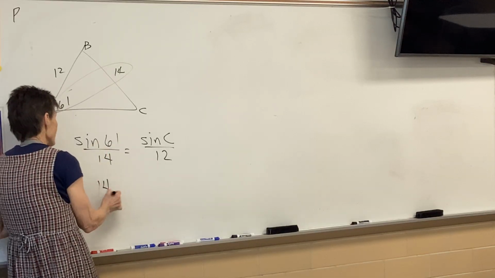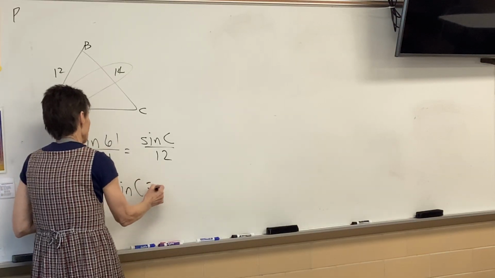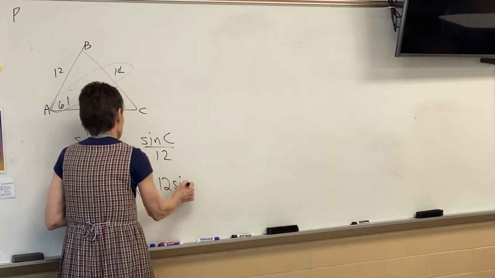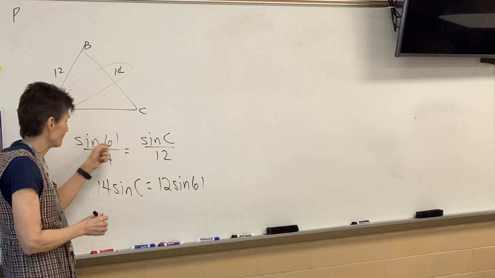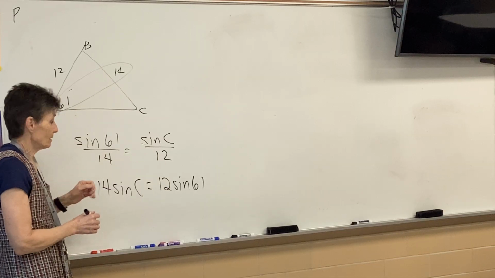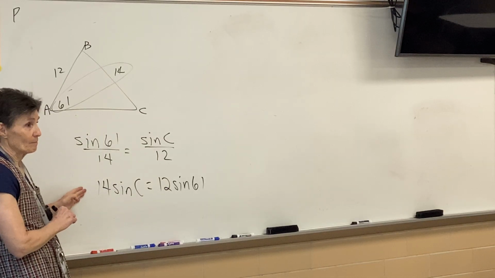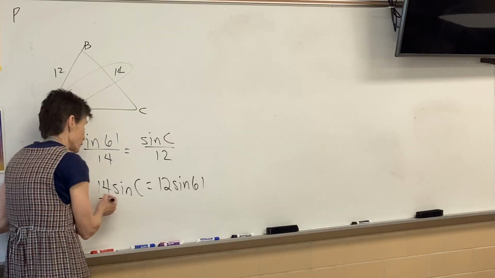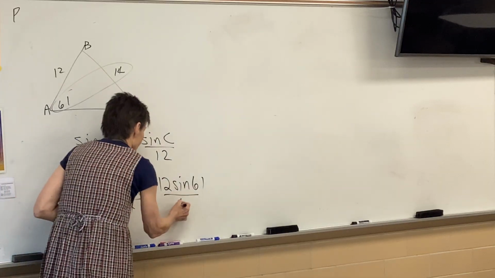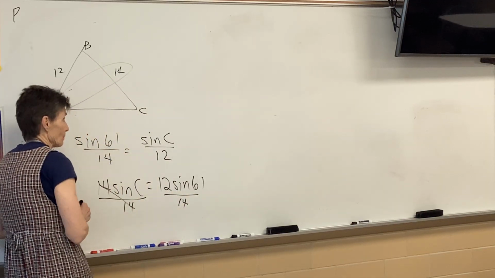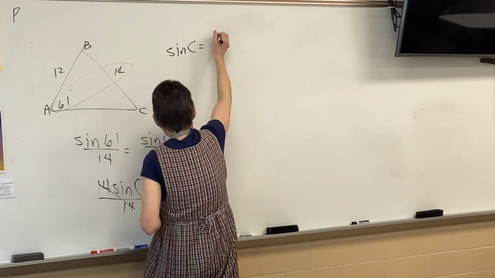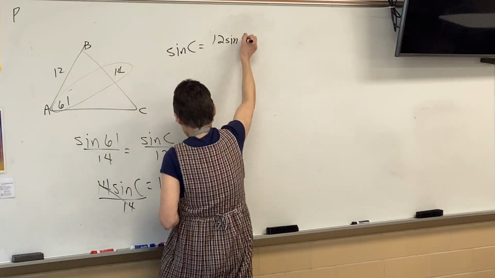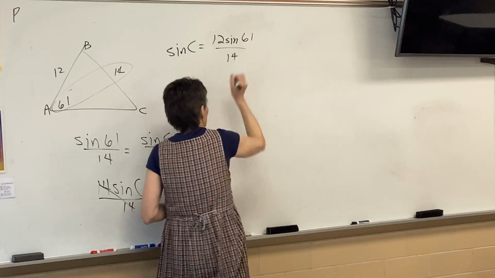All right, so 14 sine C equals 12 sine 61. Now remember, after you cross multiply, you divide. What are we going to divide by? Just 14. So sine C equals 12 sine 61 over 14.